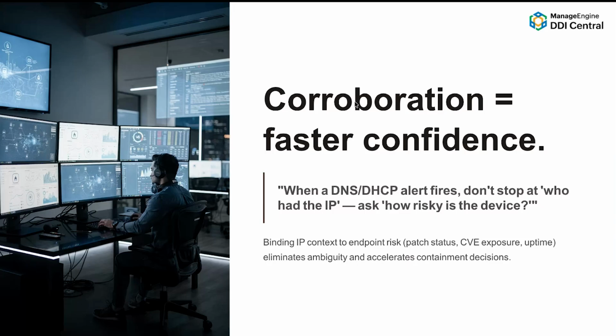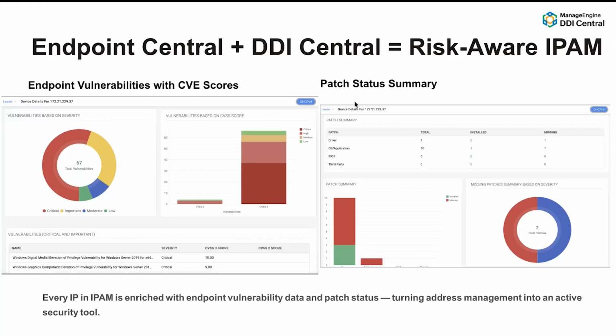So you bind the IP context to patch status, CVE scores and diagnostics. Corroboration equals faster confidence. With the Endpoint Central integration, our IPAM became a risk-aware IPAM. Every IP carries the vulnerability context along with it, and address management became more of an active security layer.